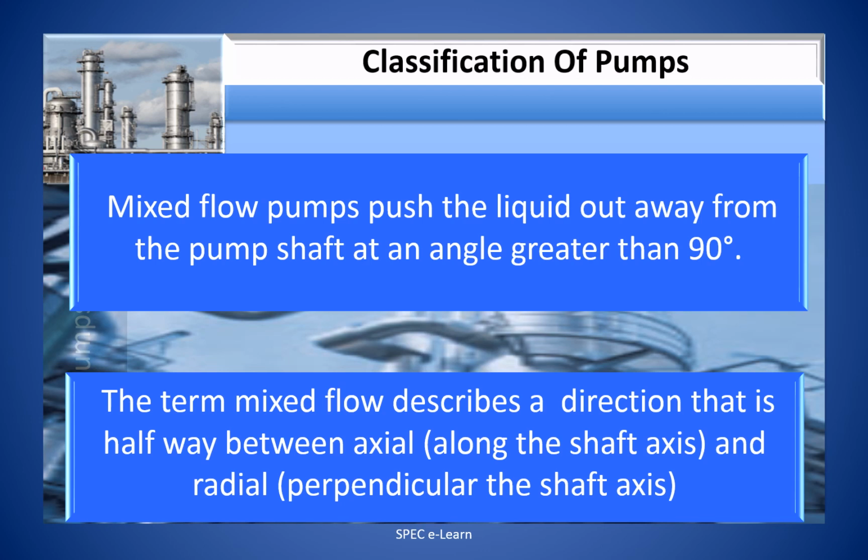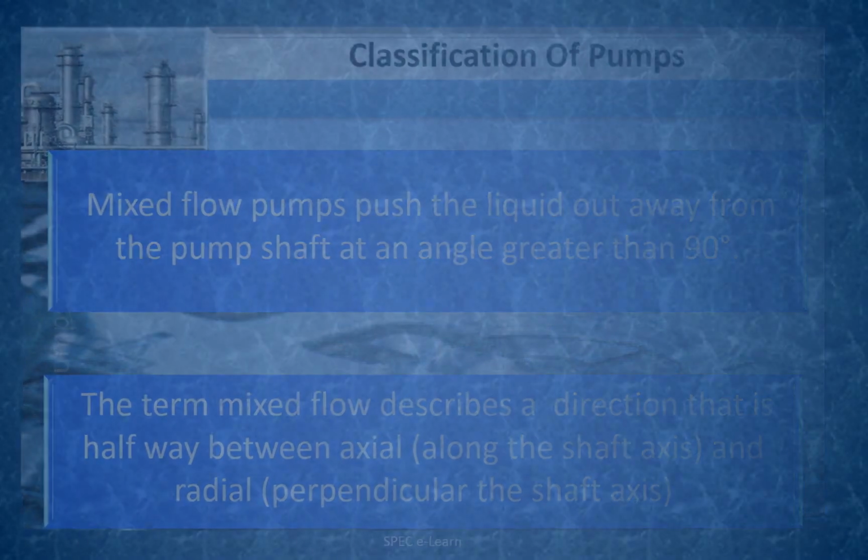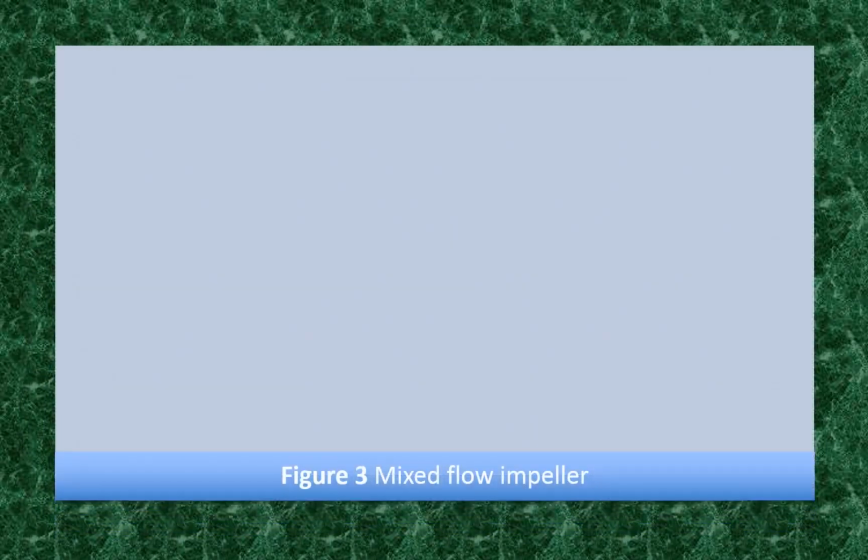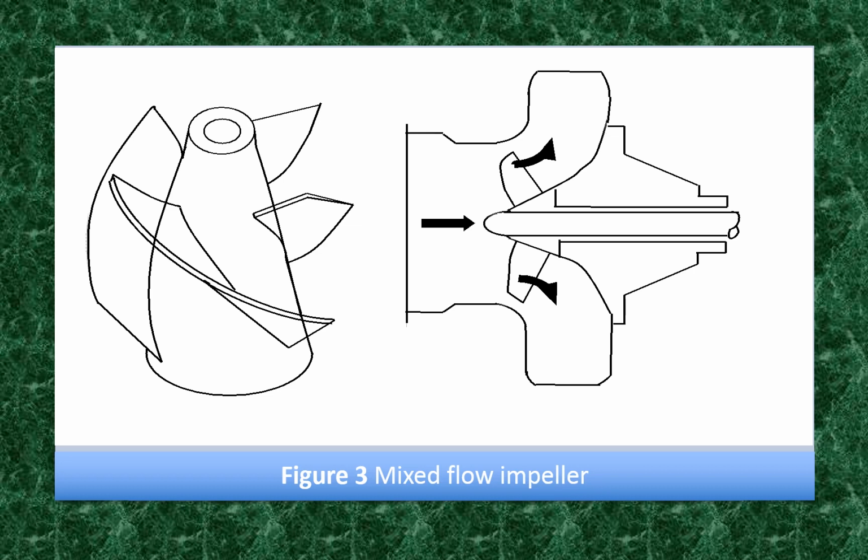Pressure is developed partly by centrifugal force and partly by lifting action of the impeller, as against 100% centrifugal force in the radial pump. Illustrated in this figure is the impeller shape and the flow direction in a mixed flow centrifugal pump.